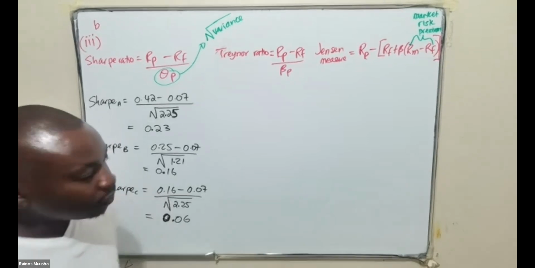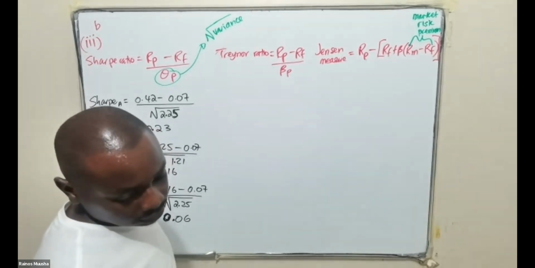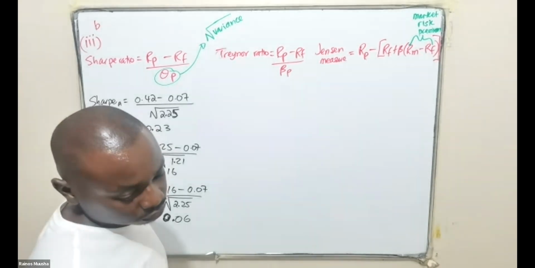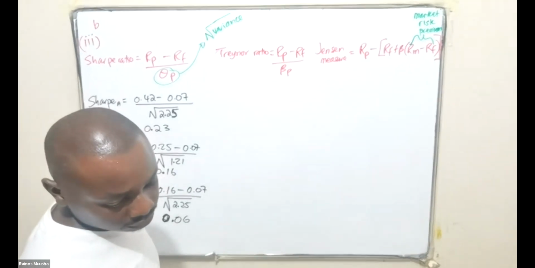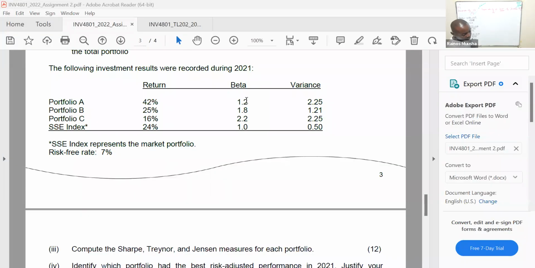Next, we need to calculate the Treynor ratio for these portfolios as well. If you check all the information that we're given, remember everything else is still the same on the numerator. The difference now comes in with the denominator, where for portfolio A, your beta is 1.2. For B, your beta is 1.8. And for C, your beta is 2.2.